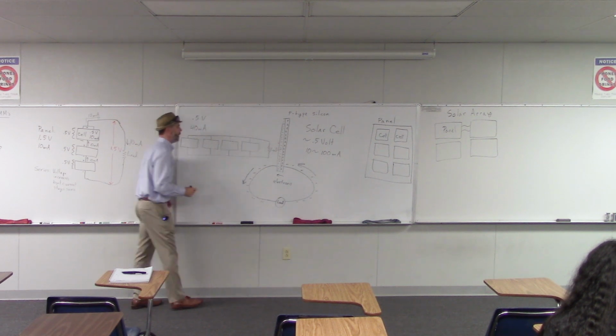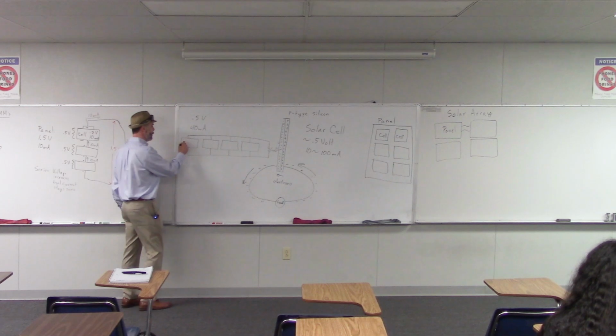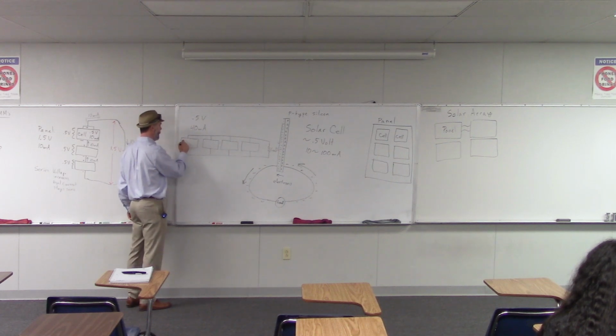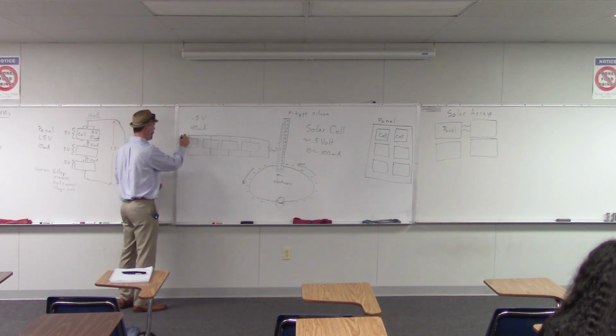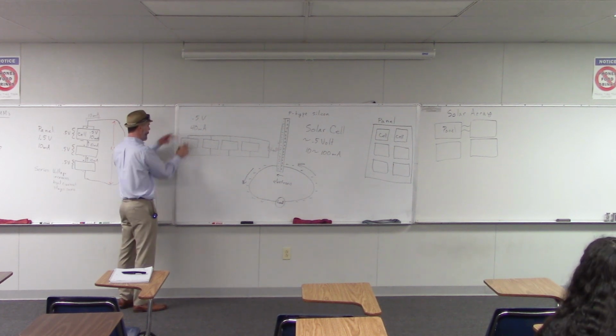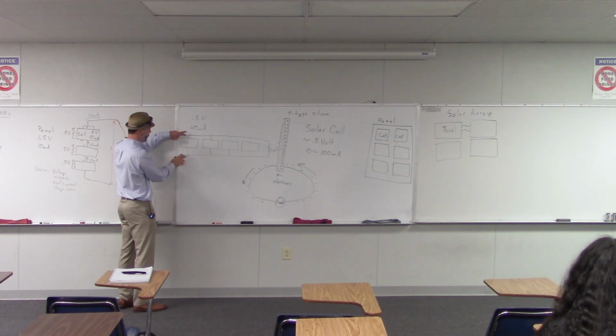So let's see about why this works. Each one of these cells produces 0.5 volts. So there's a 0.5 volt difference from the top of this cell to the bottom.